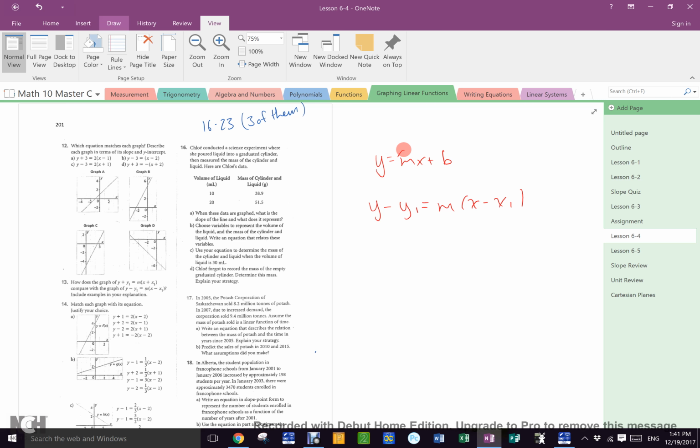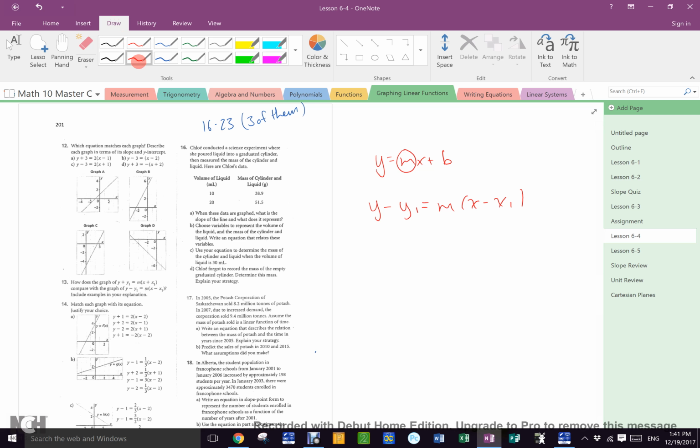M is a whole bunch of stuff, isn't it? M and M are rise over run, aren't they? But aren't they also, they are, aren't they?